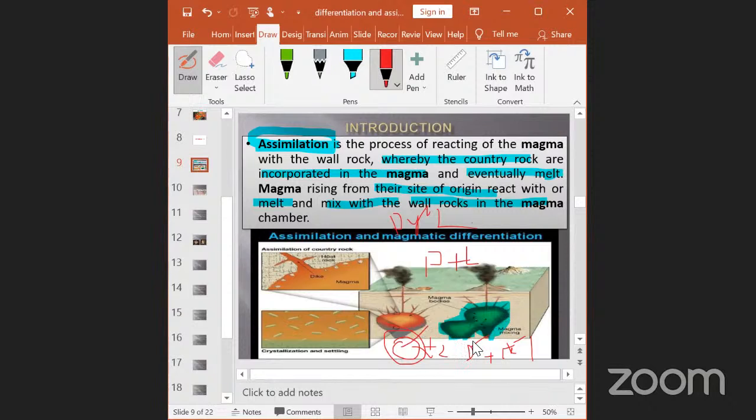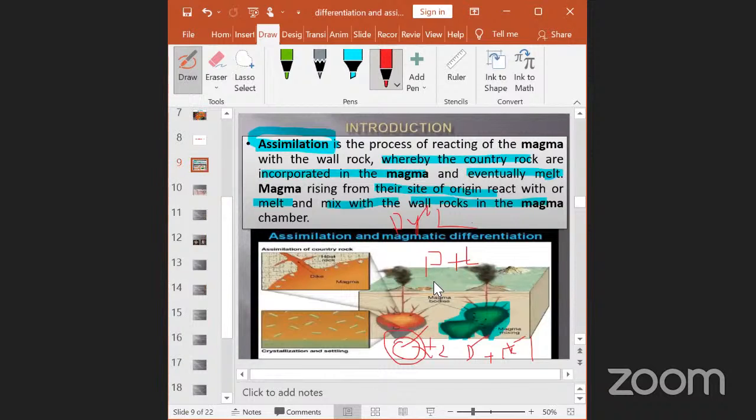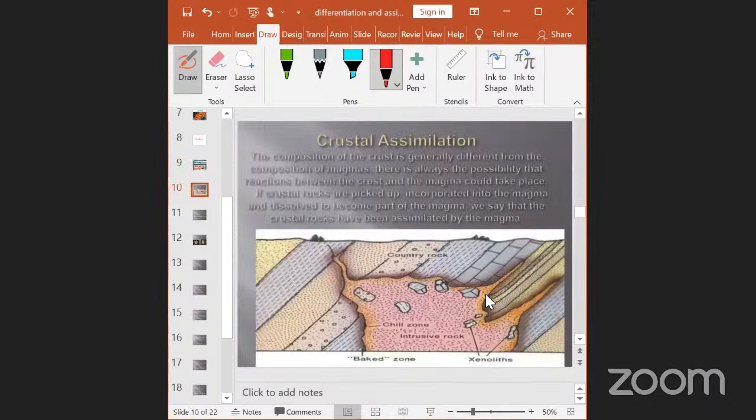So it will cause the magma to transfer its heat to the quartz in a cooling process. This cooling of the magma will necessarily be accompanied by the crystallization of the minerals that are already present. So in both cases, the composition of the parent magma will be changed by the country rocks. It may contribute xenoliths, you see here.